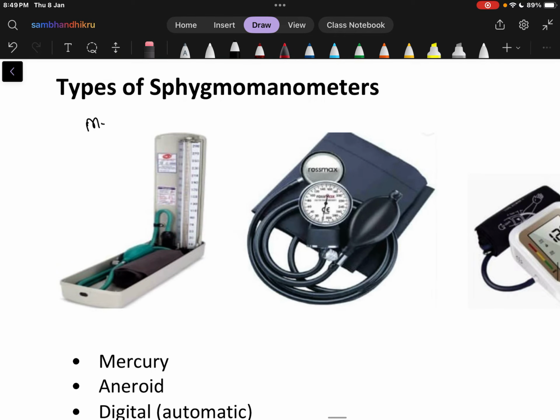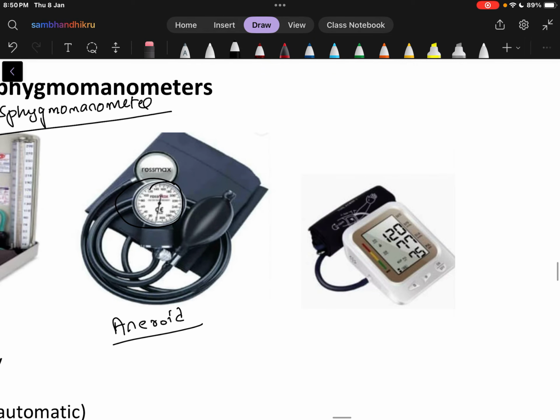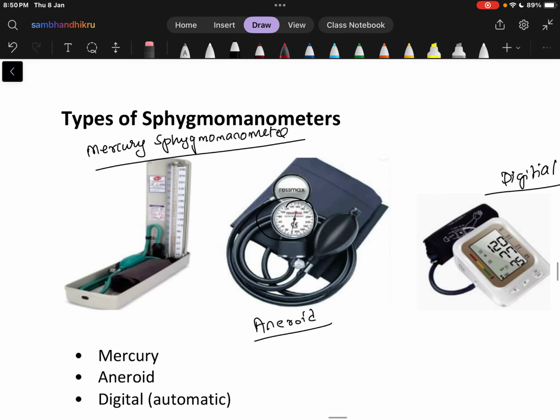This is the mercury sphygmomanometer. Next, this one is aneroid, so this type will be called the aneroid manometer, and this one is digital. One thing I would like to say: which one is the most accurate?